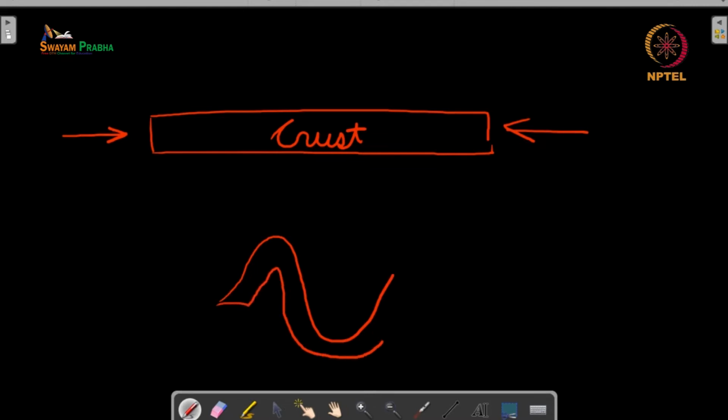So it will become something like this. Now it is the same material that was here, the same material is now here, but in place of being a flat thing, it has now become up and down. Now this is known as folding.